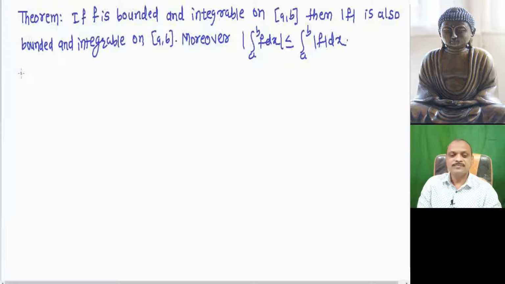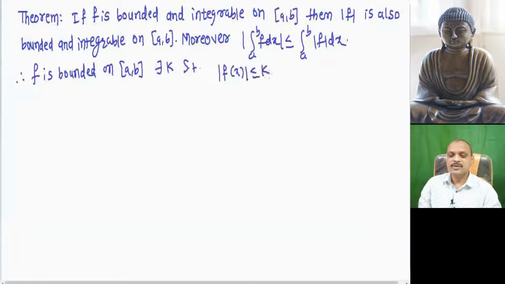What is given? Since f is bounded on closed interval [a, b], there exists a number k such that mod of f of x is less than or equal to k for all x belonging to closed interval [a, b].